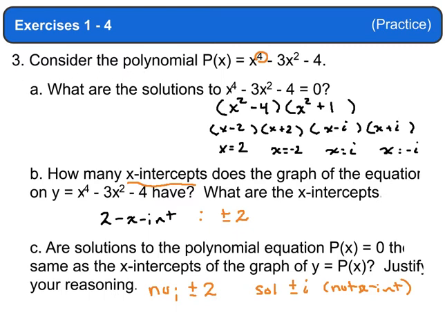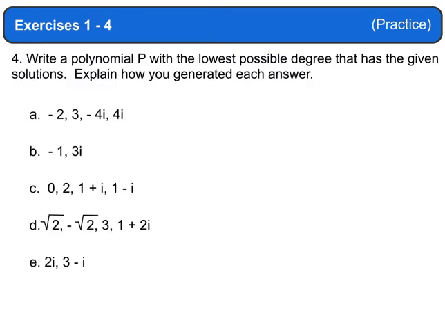So the last thing I'll show you is 2 problems. First, I'll show you A, and in this process they want you to write a polynomial in standard form for each one. So they give you here a set of zeros. We want to rewrite these zeros as factors, and then multiply them together.